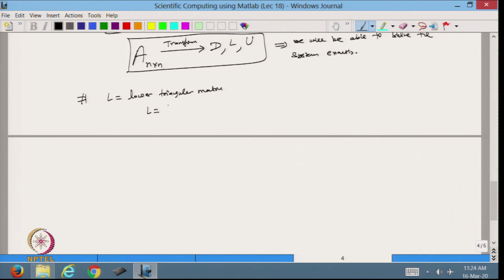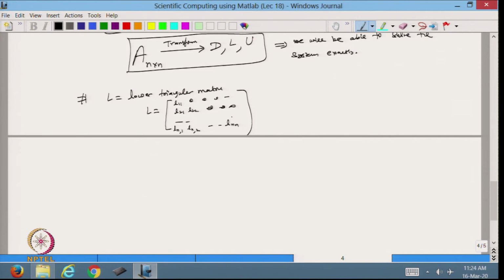Let my L be L11 0 0 0, L21 L22, and so on up to Ln1 Ln2 and so on Lnn, and all the entries above the diagonal are 0.